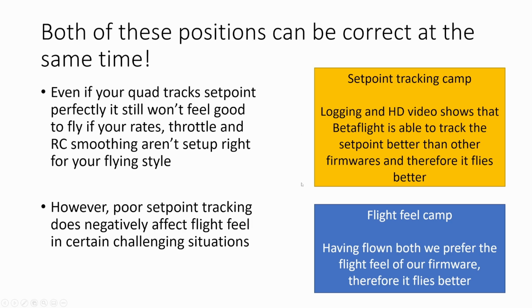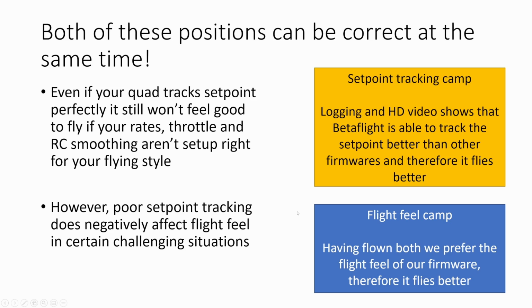For the set point tracking camp, I would say that even if you can get your quad to track the set point or the control signal absolutely perfectly, it still won't feel good to fly if your rates, throttle and RC smoothing aren't set up correctly for your flying style. And that's what we're going to be looking at later in this video. So set point tracking alone isn't enough to get a quad that feels good to fly.